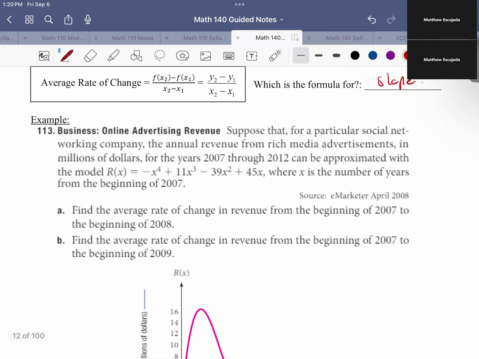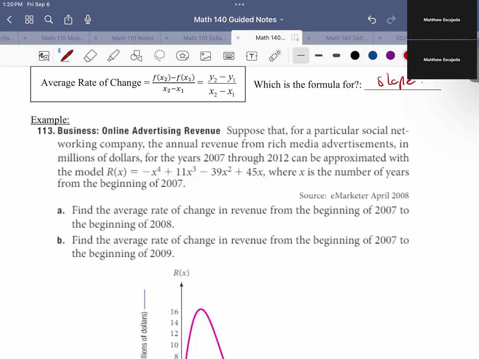Suppose that for a particular social networking company, the annual revenue from rich media advertisements in millions of dollars for the years 2007 through 2012 can be approximated with the model, the function r of x, as you can read through there, where x is the number of years.